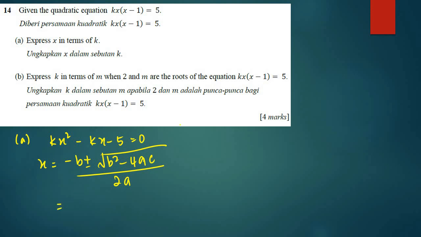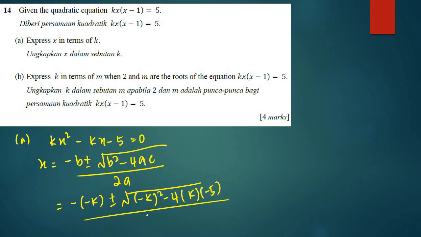So sub in the a, b, c. b is negative k, so k plus minus square root of negative k squared minus 4ac, over 2k.